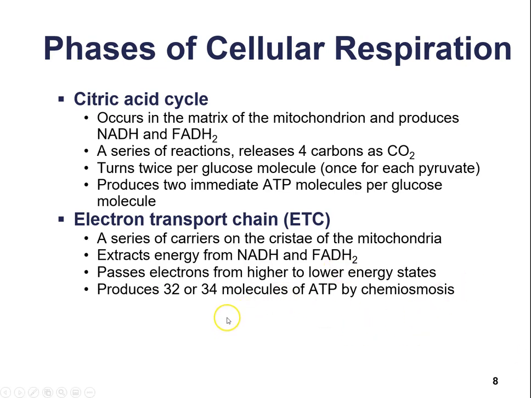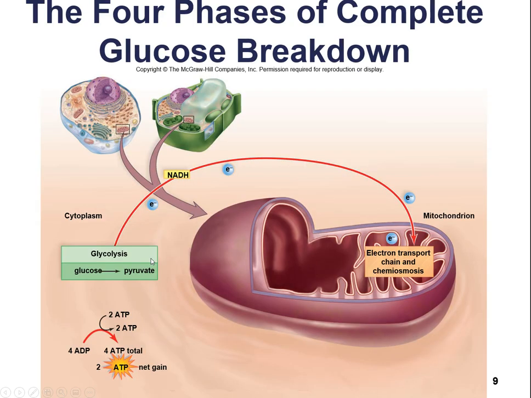We will talk about this more specifically, but this is the same concept as the electron transport chain in photosynthesis. This part of cellular respiration produces about 32 or 34 molecules of ATP, okay? So most of the ATP is formed in this phase.